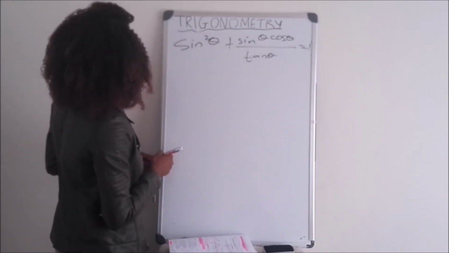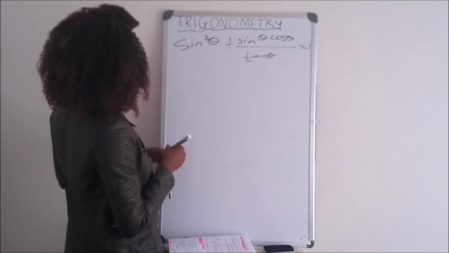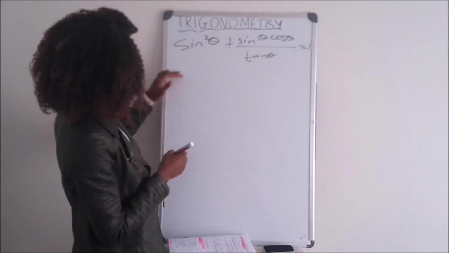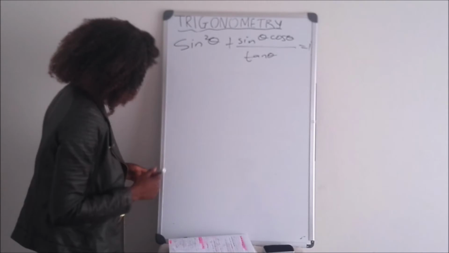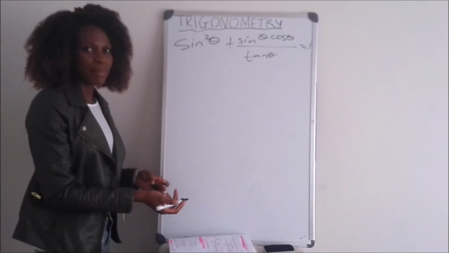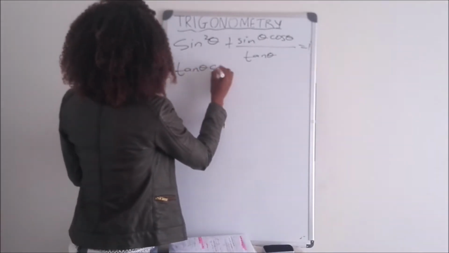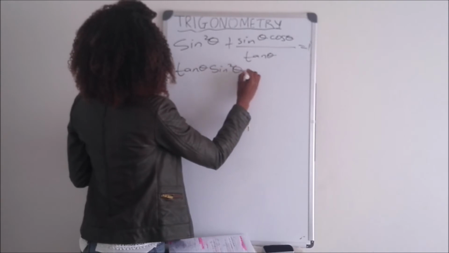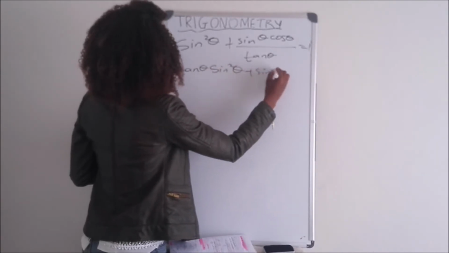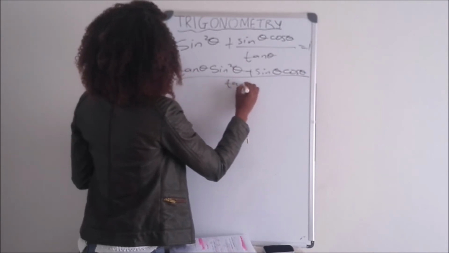Then from here, what we can do is to take the common factor of sine theta from the numerator, but we can't do that because we have a fraction there. So the first thing that we must do is to remove the fraction and make it one big fraction. Then we'll have tan theta in the denominator, and sine squared theta plus sine theta cos theta in the numerator.